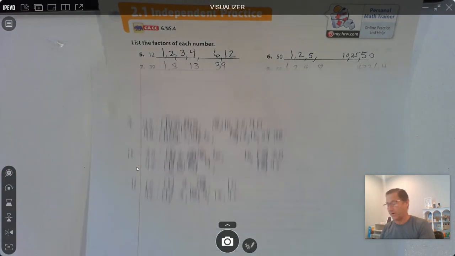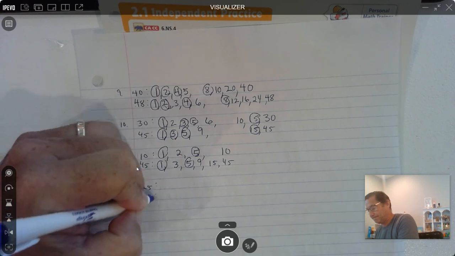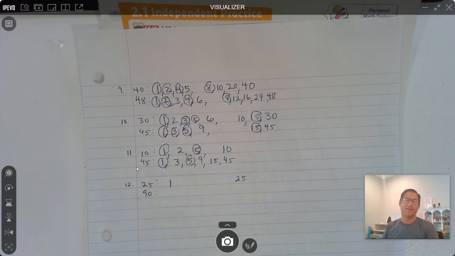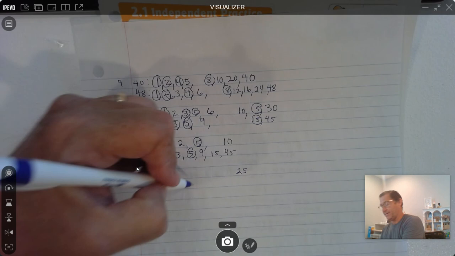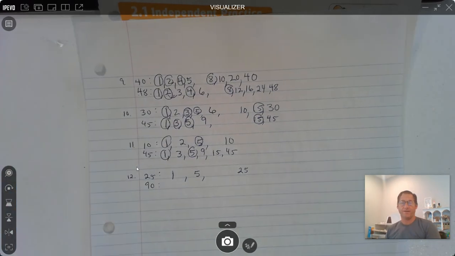Okay, greatest common factor of 25 and 90. 1 and 25. 2 is not a factor of 25. 3 is not a factor of 25. 5 is. Okay, those are the only factors of 25: 1, 5, 25.